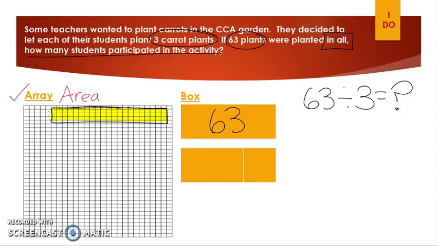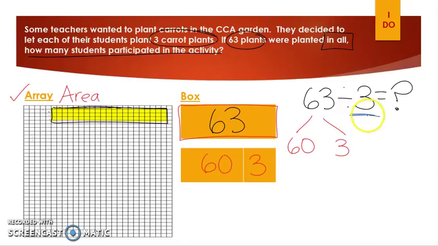I'm going to use what I've learned about the distributive property to break apart the 63 into 60 and 3. So the total box is 63, but when I break it apart, I get 60 and 3. And what am I dividing by? I'm dividing by the number 3, so I'll put that over here.